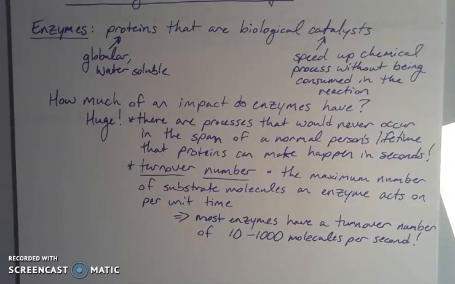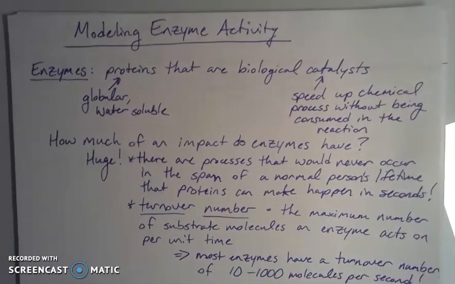So this is happening all over your body at 10 to 1,000 molecules per second. These enzymes are systematically the most important thing happening in your body to make things work and to make functions in your body work. So when things break down in this process, it can cause all sorts of chaos.